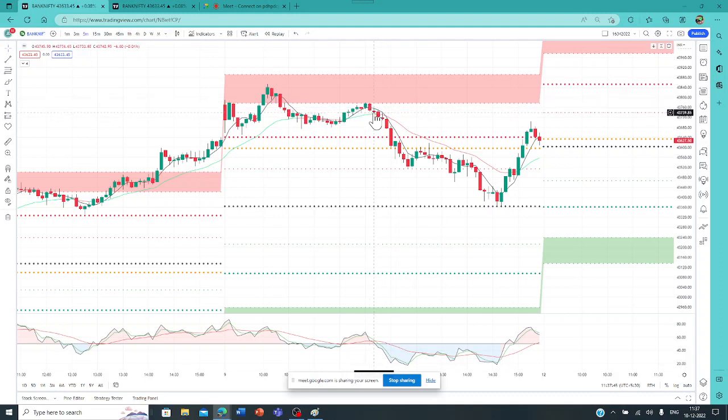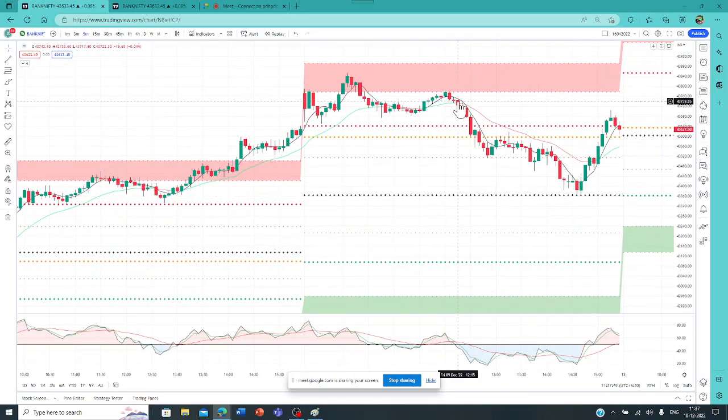This candle, what's the time? 1 minute. This was 12:10, I was in office hours, otherwise I could have traded this. Now where is my stop loss? I can keep it just above this high. How much will I get? Let me plot it.